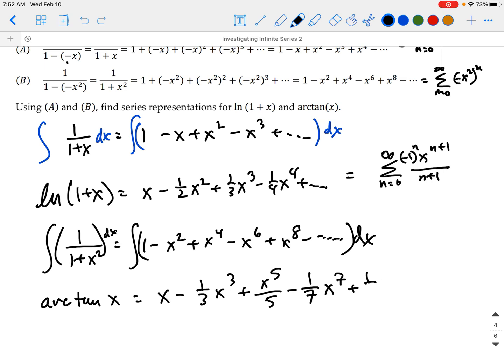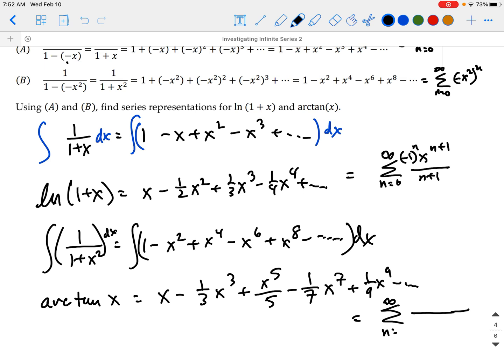Continuing on. So for this one, now we've got odd terms, right? So we've got 1, 3, 5, 7, and 9 as our denominator coefficient values, and then x to the 1st, x to the 3rd, x to the 5th.